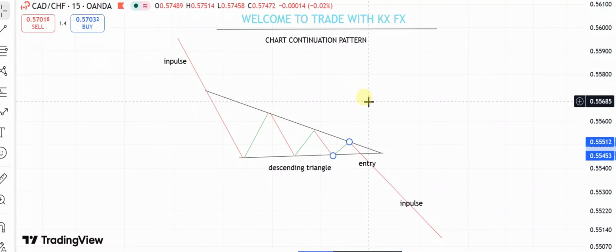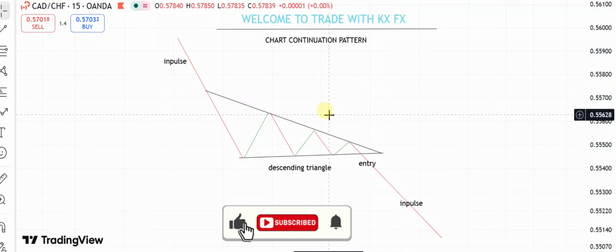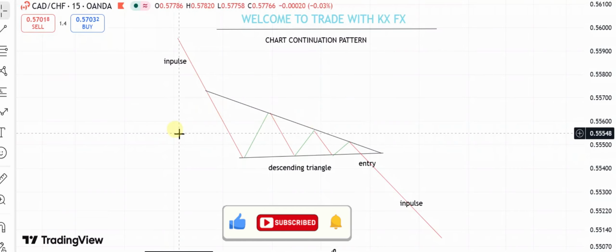So always pay attention to your counter trend line. It's going to save you 90 over 100. It's always there to guide you, always there to save you. You understand? So this is a descending triangle, and counter trend line will always save you.